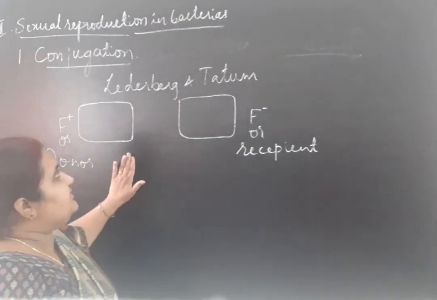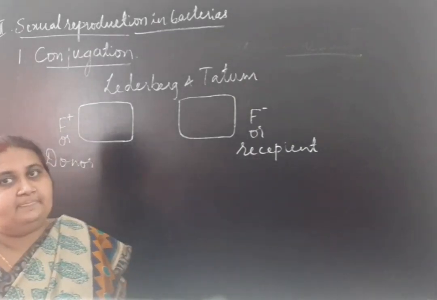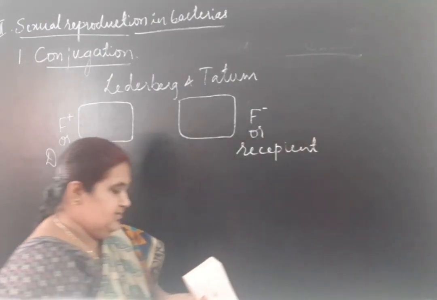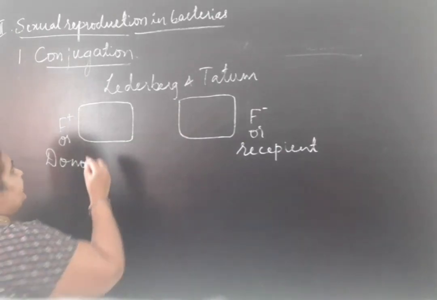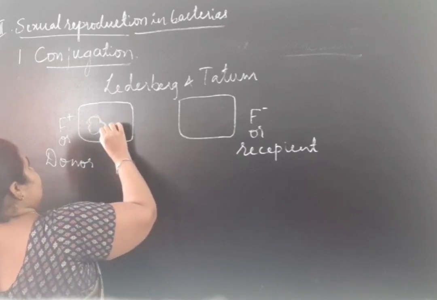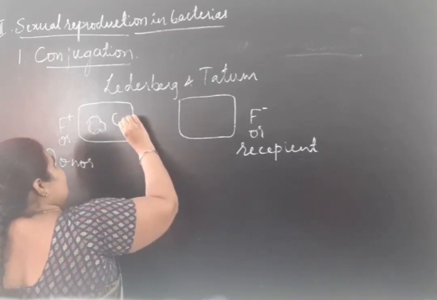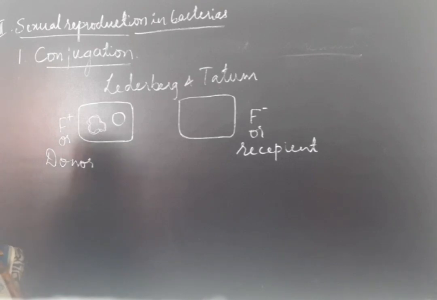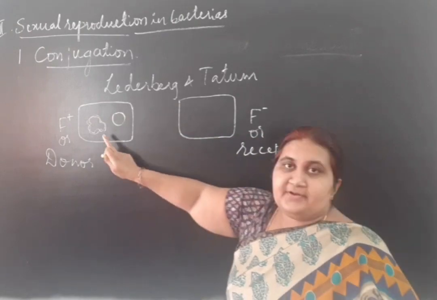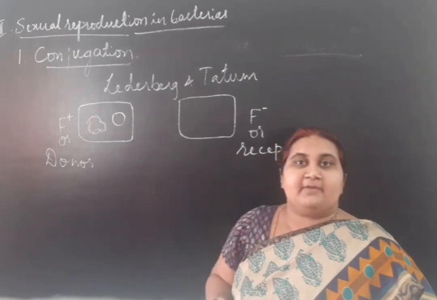What are the characteristic features of the F plus bacterium and the F minus bacterium? In the F plus bacterium, or donor bacterium, apart from the genetic material, there is a plasmid present.